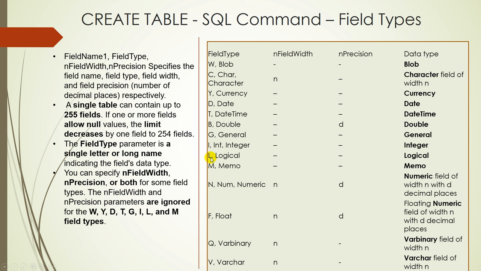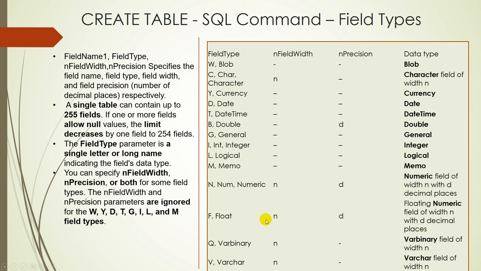Logical is just a switch, true or false, or a memo field, unlimited character text. Numeric has a precision also, the number of digits including the decimal point.